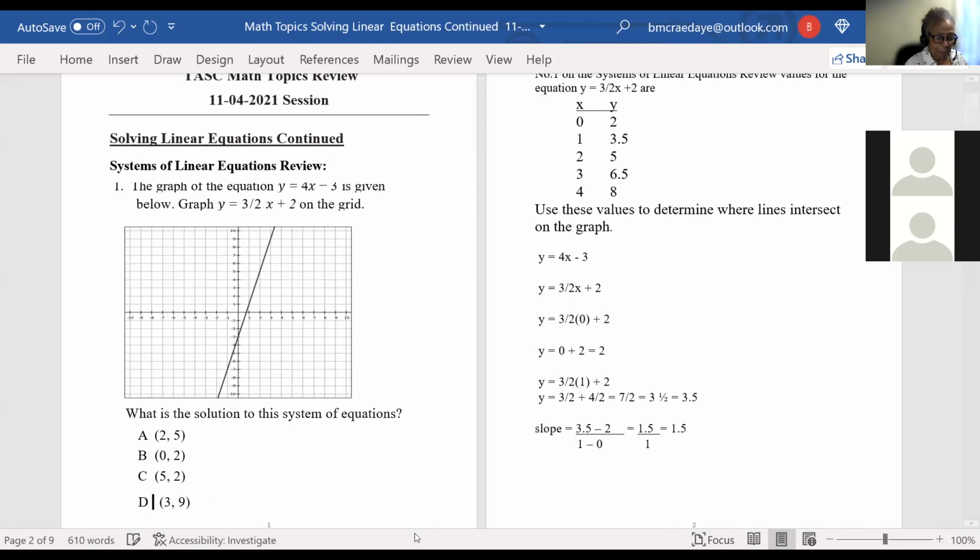No, you're not looking for the slope when you say the solution. You're looking for, when you plot that second line, where does it intersect with that first line? That would be your answer.